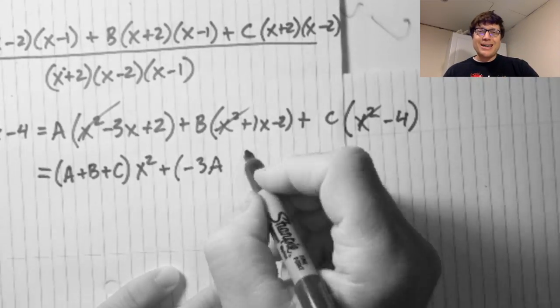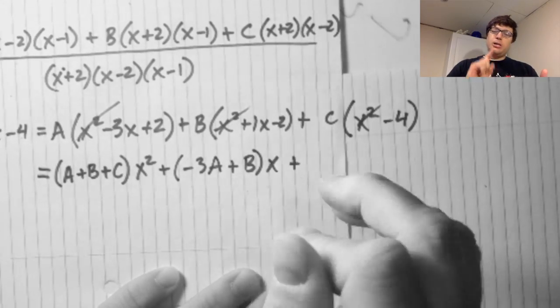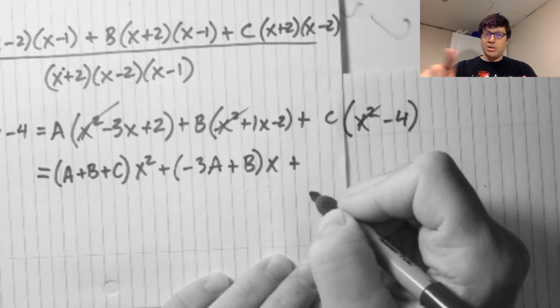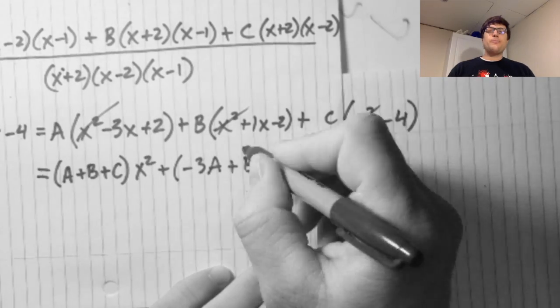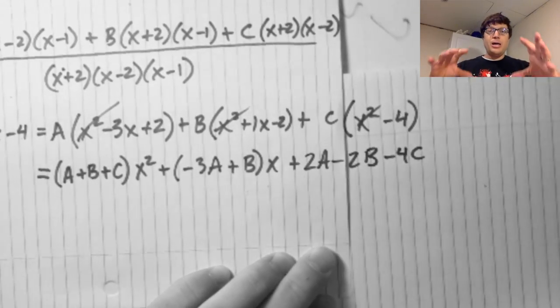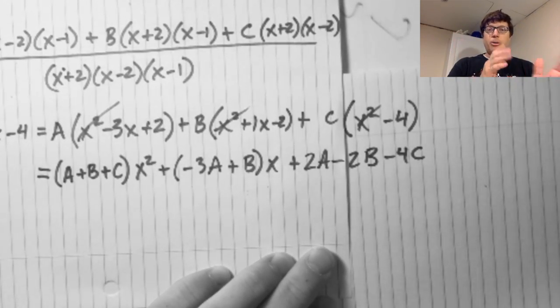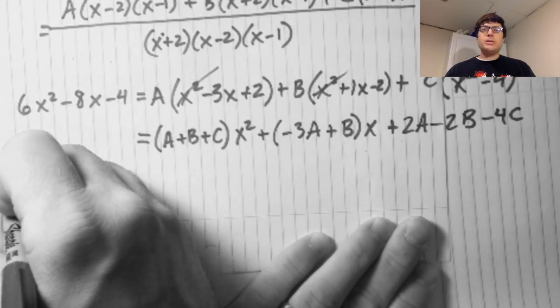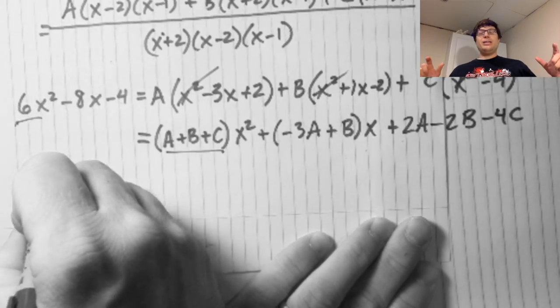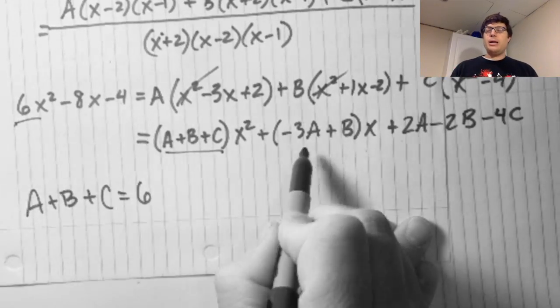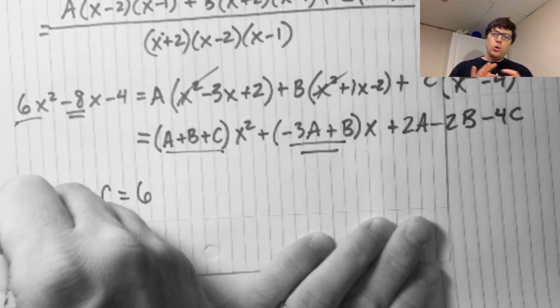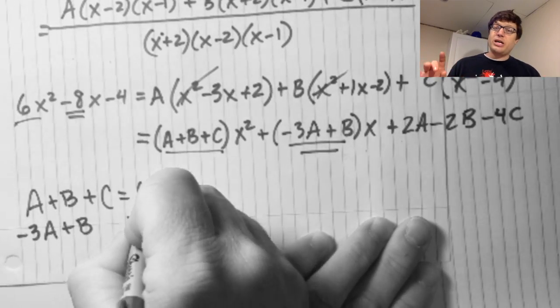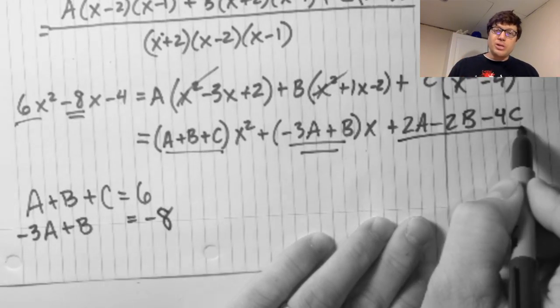Because there's a 6x squared, that means A plus B plus C, that was in all three of them, equals 6. Because there is a linear coefficient, the part in the middle, that would be the negative 8. Negative 3A plus B equals negative 8. And then last of all, 2A minus 2B minus 4C, that whole expression doesn't have an x, doesn't have an x squared, it's the constant, it equals negative 4.